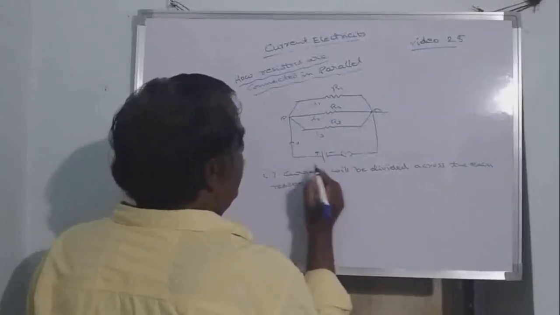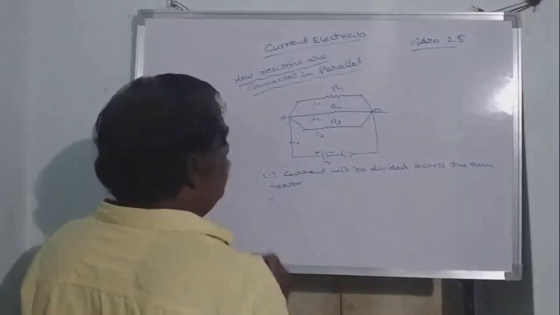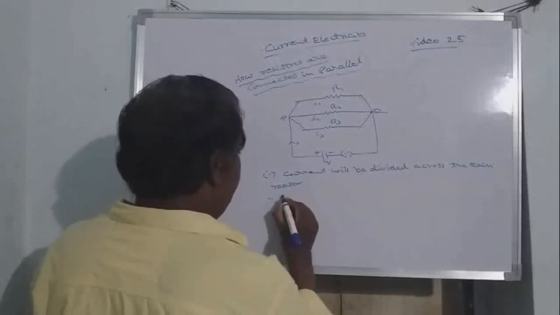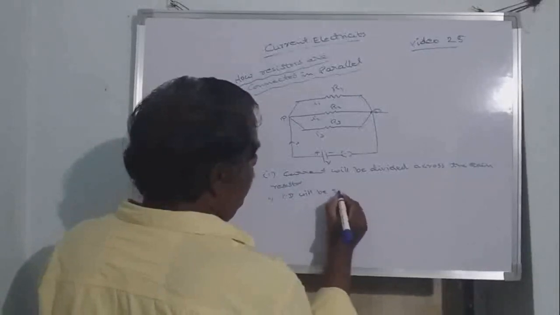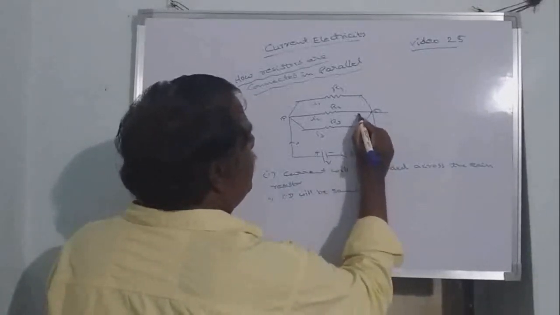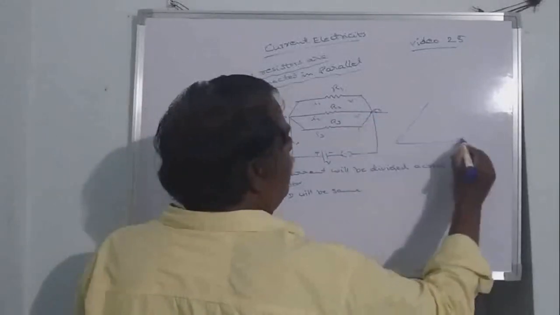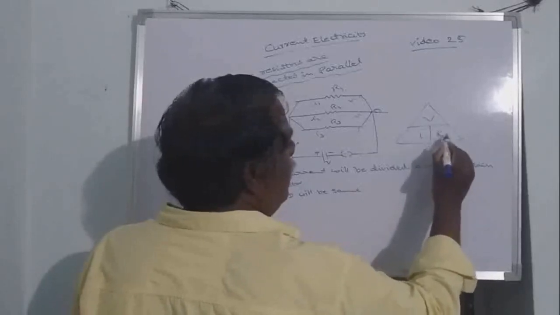Total current will be I. Total potential difference will be V. But in parallel combination, the potential difference will be the same. PD will be the same. Suppose here it will be V and V. Again, the magic triangle you have to remember like this: V, I, R.